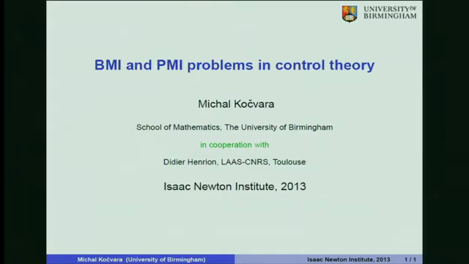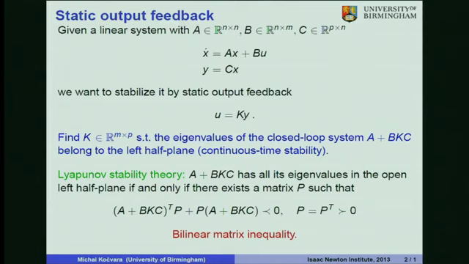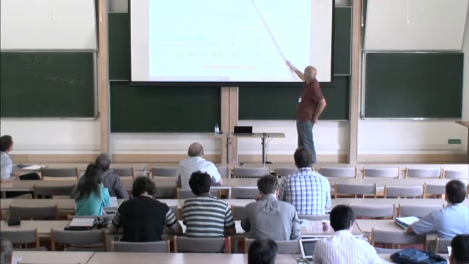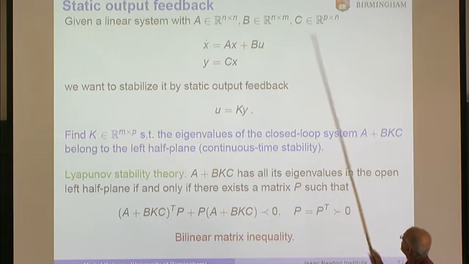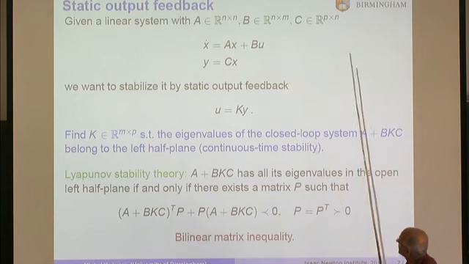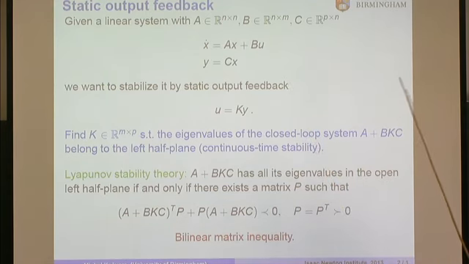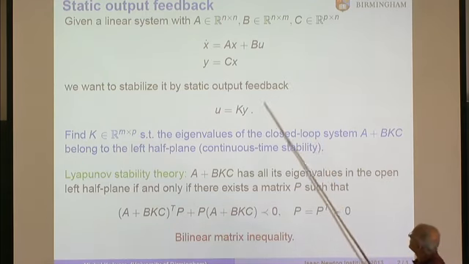So okay, it's about BMIs and PMIs in control theory, in particular in the static output feedback. So we have this standard linear system here with the data matrices A, B, C. Those are square and rectangular matrices. And what we want to do is stabilize that system by output feedback.